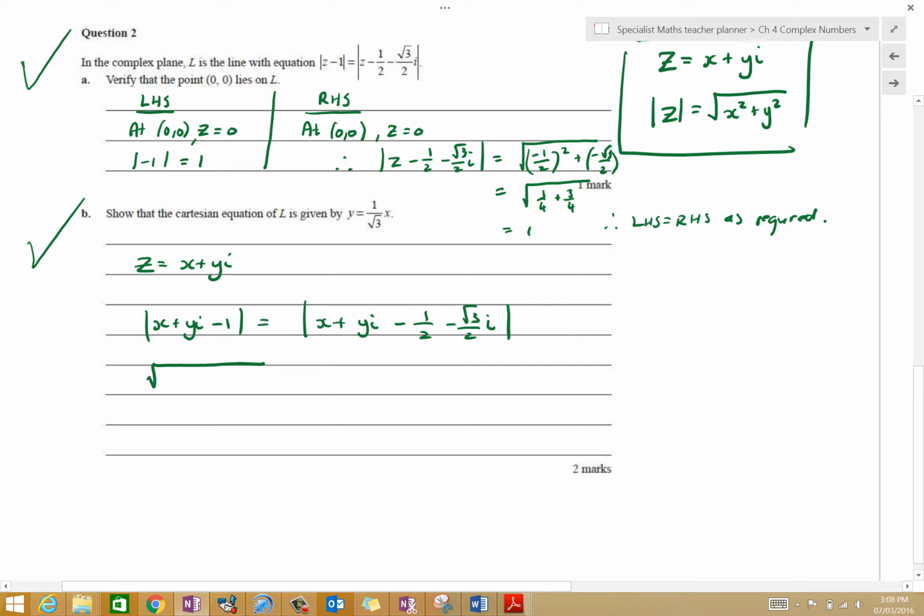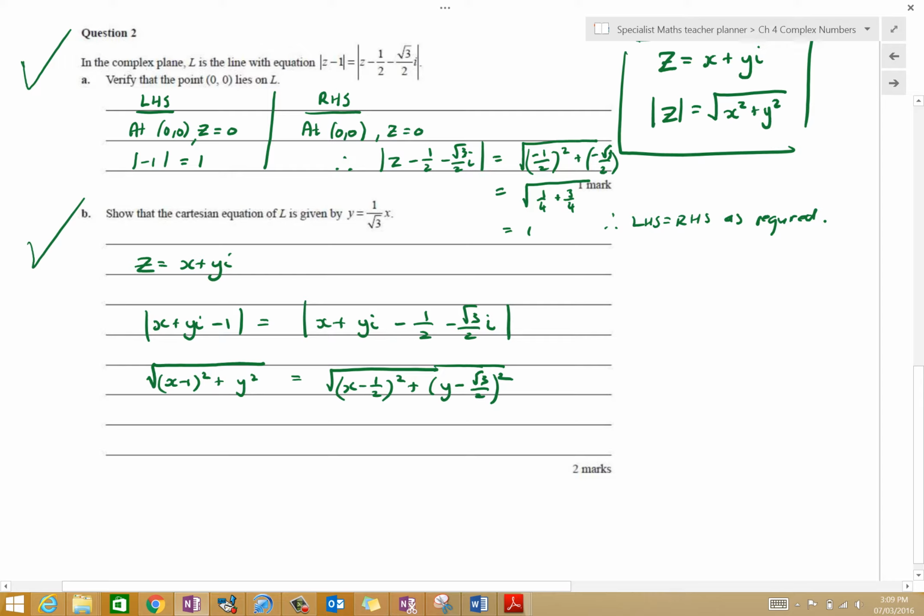What we have on the left-hand side is the square root of, let's collect those terms, (x minus 1) all squared plus y squared. On the right-hand side, I'll collect real and imaginary. That is (x minus a half) all squared plus (y minus root 3 on 2) all squared. The i would be at the front, but we're just looking at the square of the imaginary component.